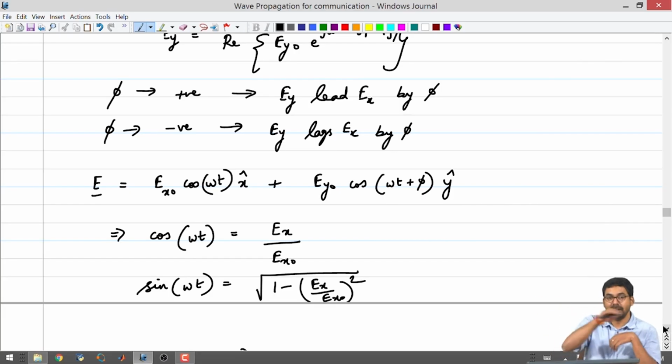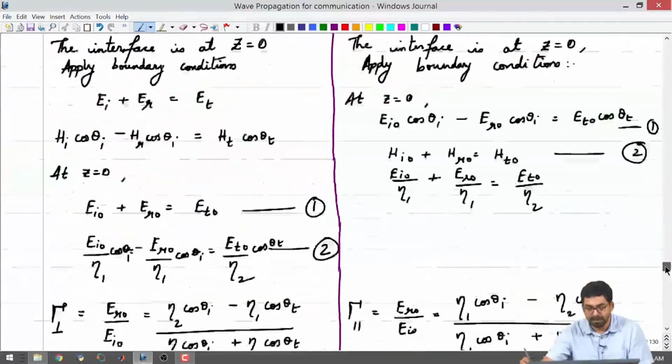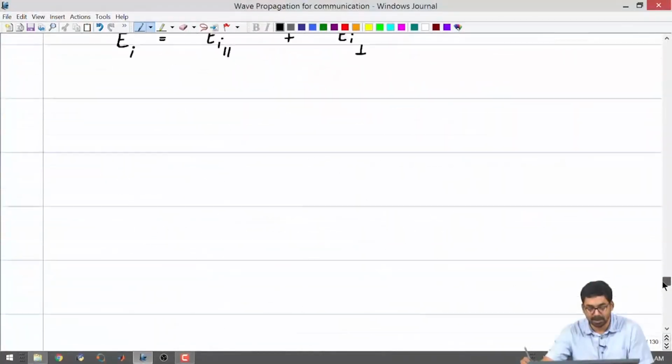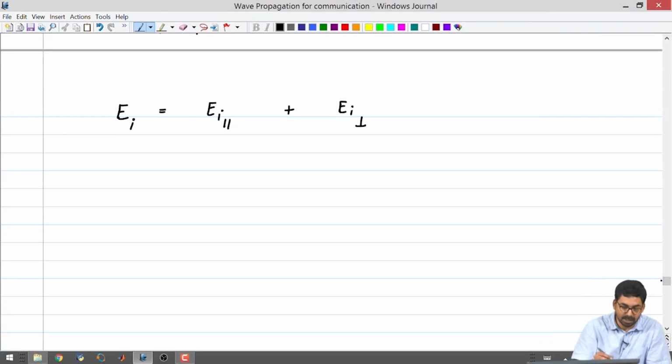So, you will be having Ex going this way, Ey going the other way, but they need not be in phase, alright. However, if they are in phase and if their values are different, then you will end up having linearly polarized light. So, let us take our current scenario where we have calculated all these reflection coefficients. Let us say that the incident light is linearly polarized.